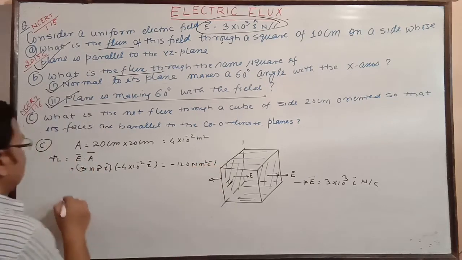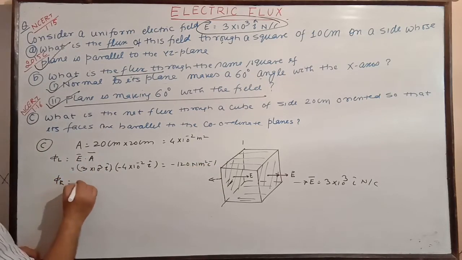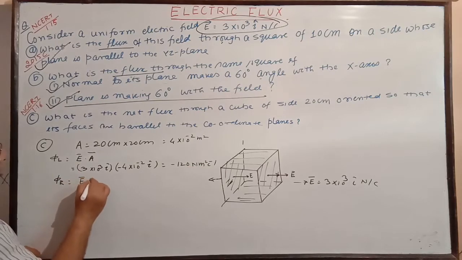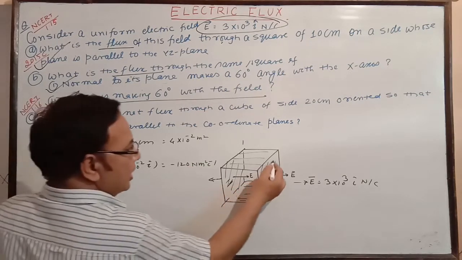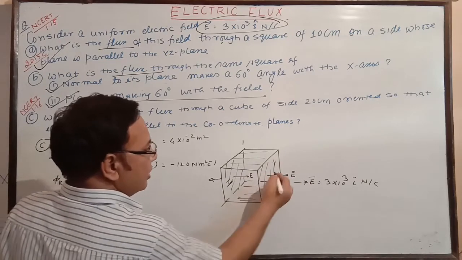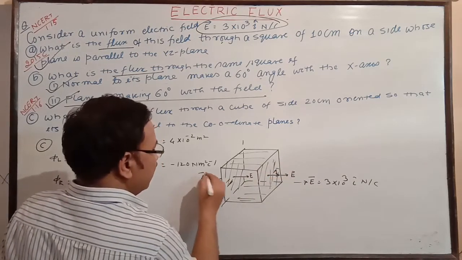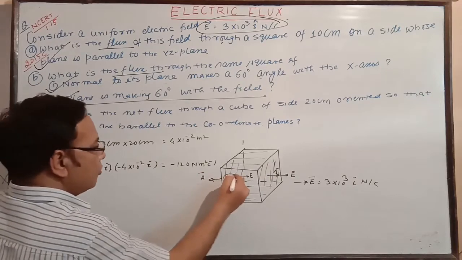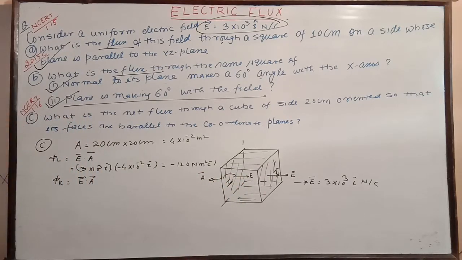coulomb. In the same way, phi right is E dot A. For phi right, this is the right plane, rightward, so area and electric field are in the same direction. Here area was leftward, now it is rightward. Either you write in magnitude or in direction, no problem at all, it is up to you.